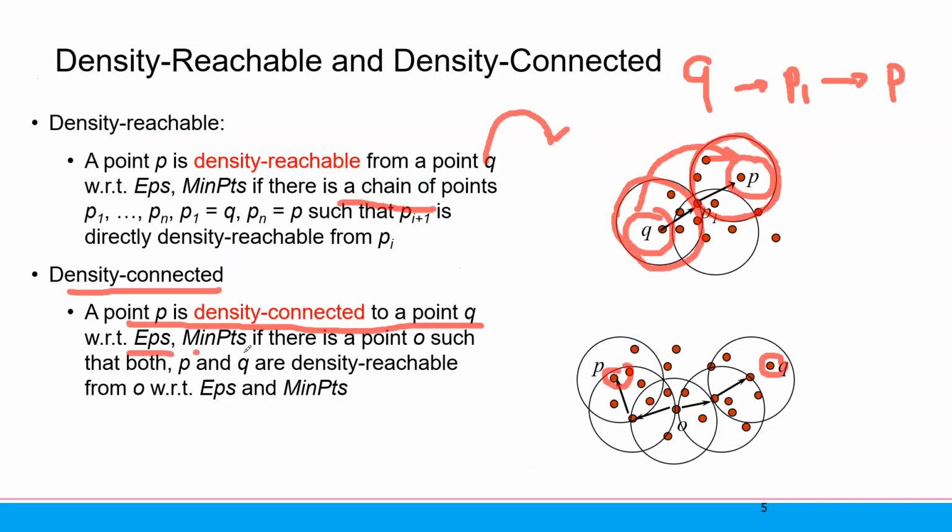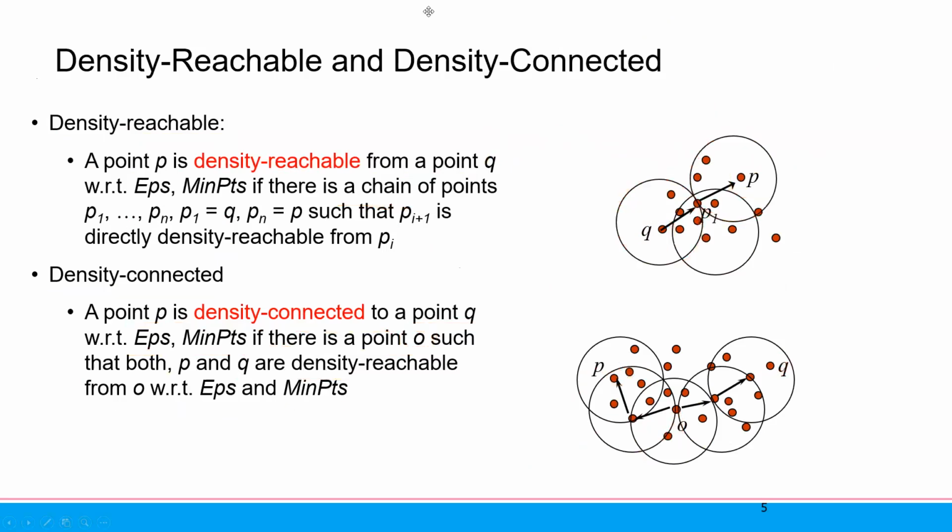With regard to the EPS and the minimum points, if there is a point O, this is the O, such that both P and Q are density reachable from O with regard to EPS and minimum points.